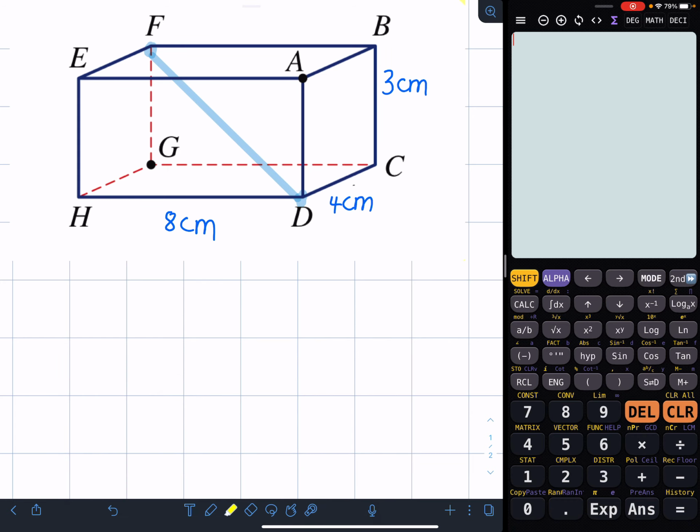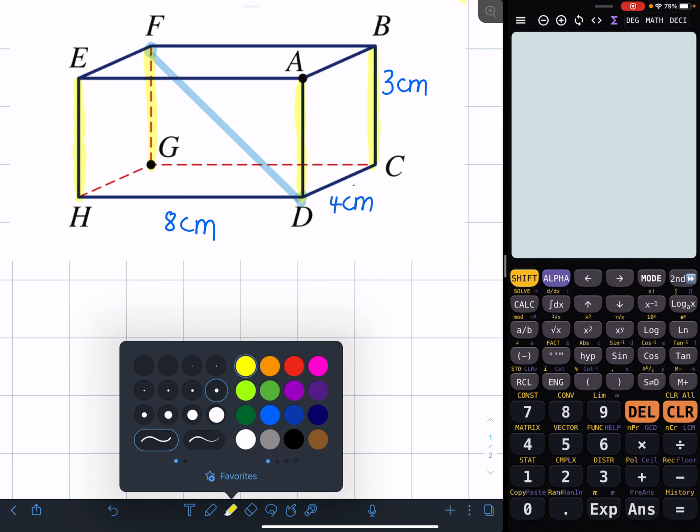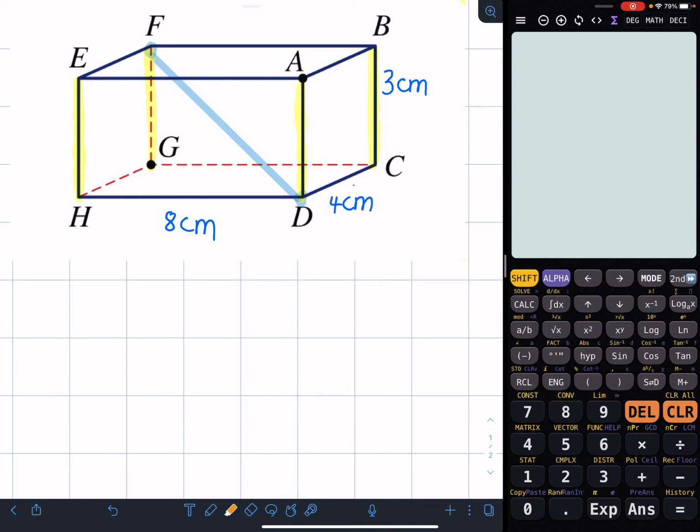To start, because this is a rectangular prism, the length BC is the same as the length AD, which is 3 centimeters. It's also the same length as FG and EH. So all of these yellow ones have a length of 3 centimeters. Next, CD is 4 centimeters.